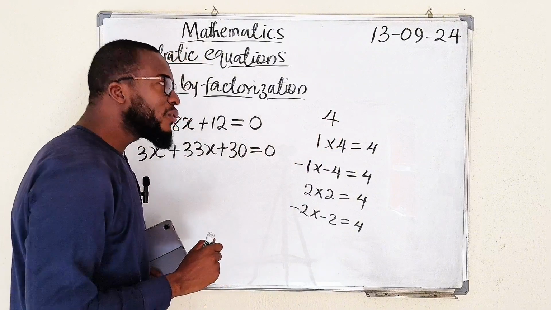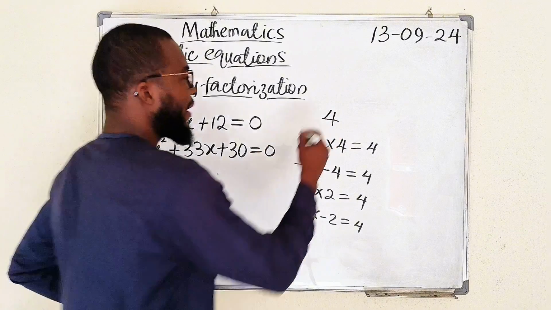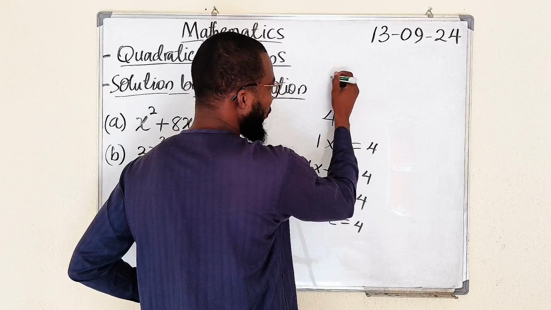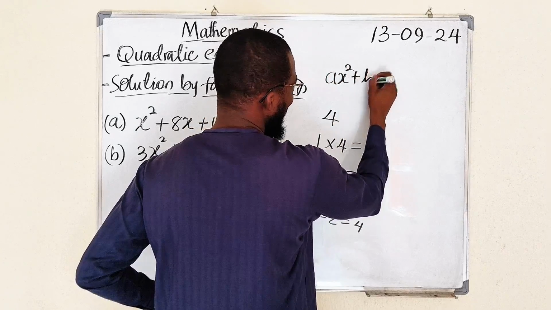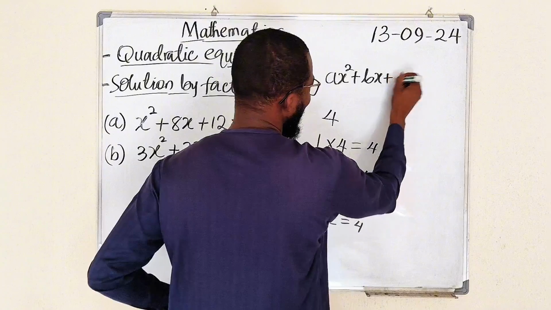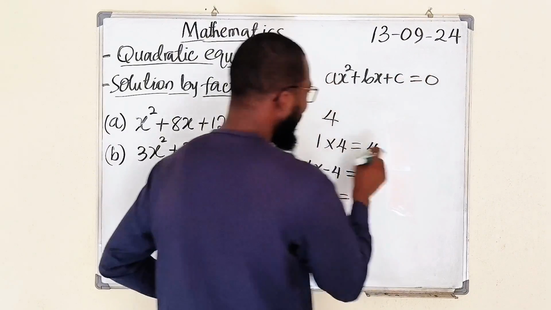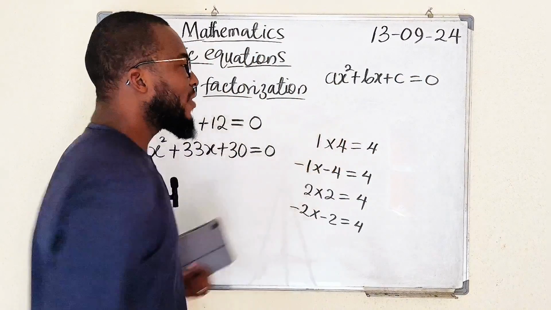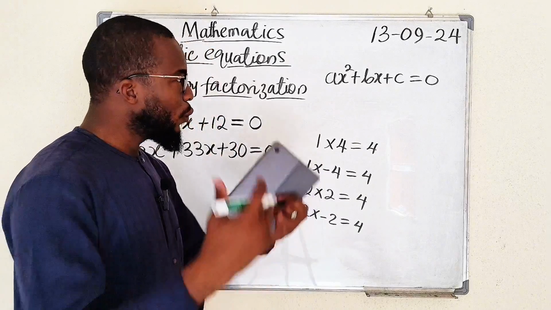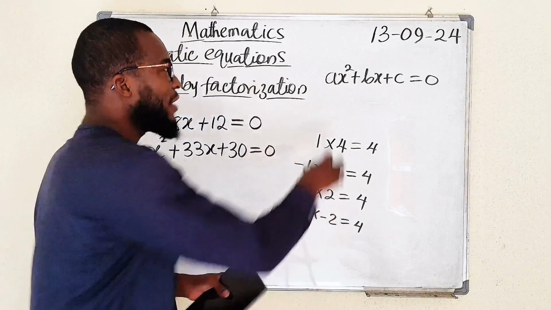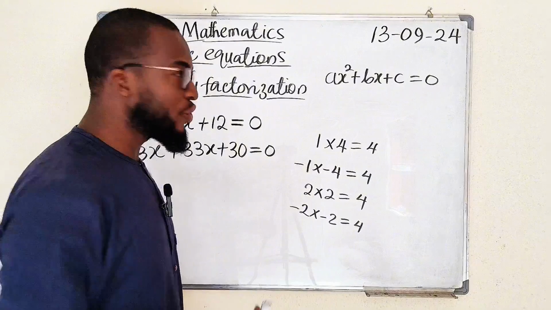The same thing goes to quadratic equations. Remember, generally, a quadratic equation is of the form ax squared plus bx plus c equal to 0, right? So to factorize this, we want to come up with two factors, which when you multiply them together, you get this quadratic equation back.